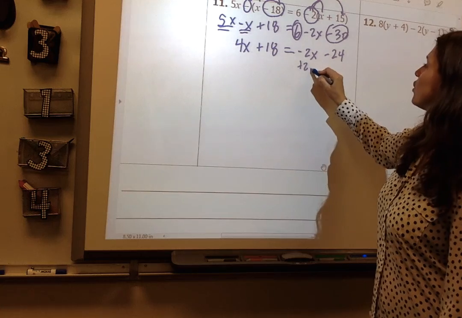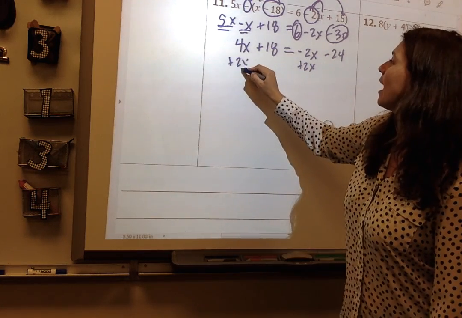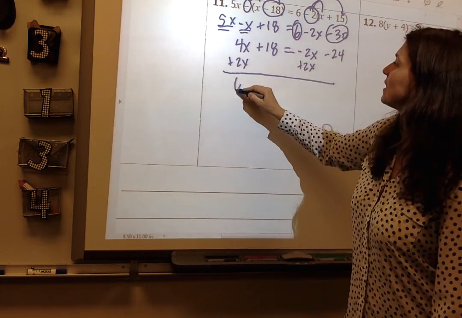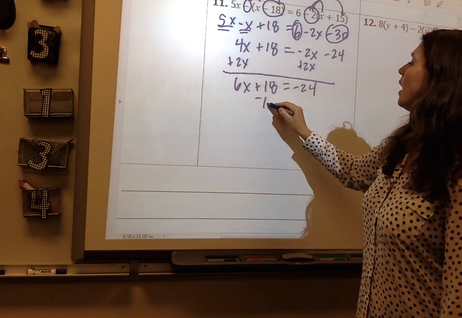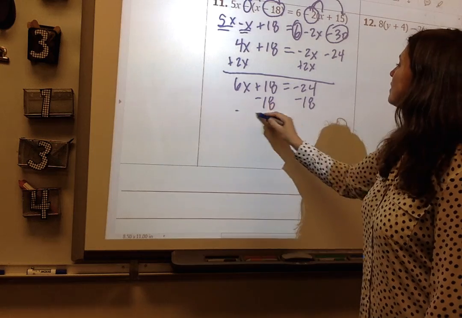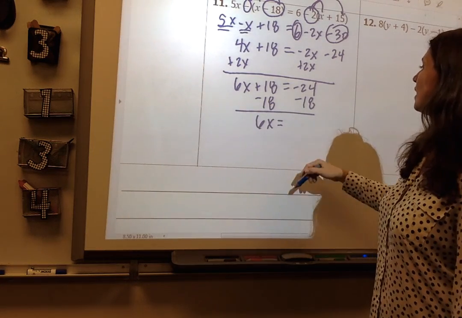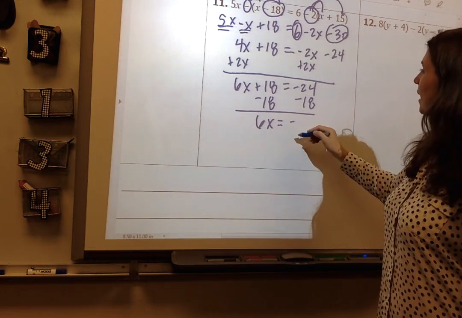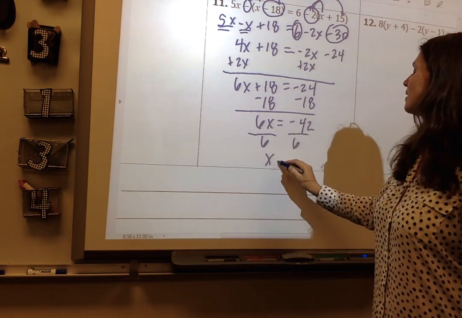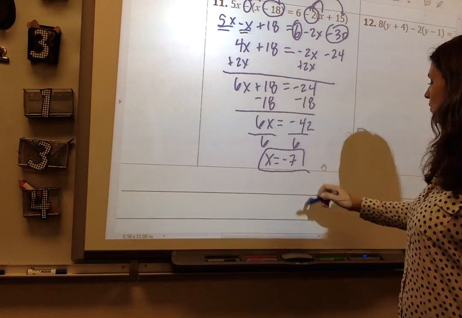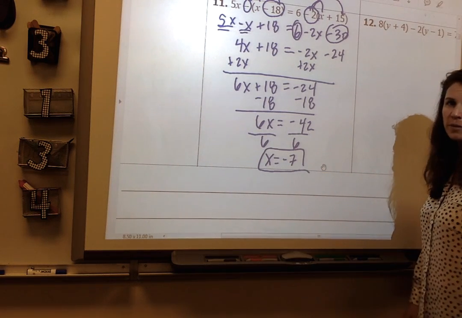So I'm going to add 2x now to clear it out, additive inverse, and I get 6x plus 18 equals negative 24. I subtract 18 on both sides, and I get 6x equals negative 42, and I divide both sides by 6, and x equals negative 7. So negative 7 should be my answer there.